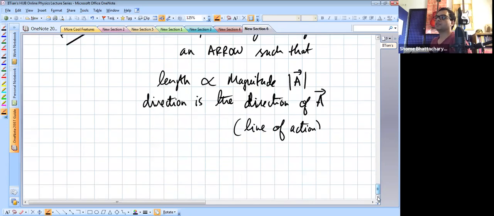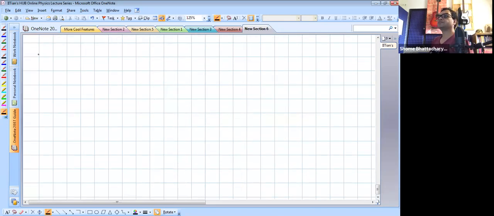Okay. So for example, if I have this diagram over here that I've drawn, one displacement, let's say S1, and it is, let us say, 10 kilometers. So that means this length over here is proportional to 10 kilometers.